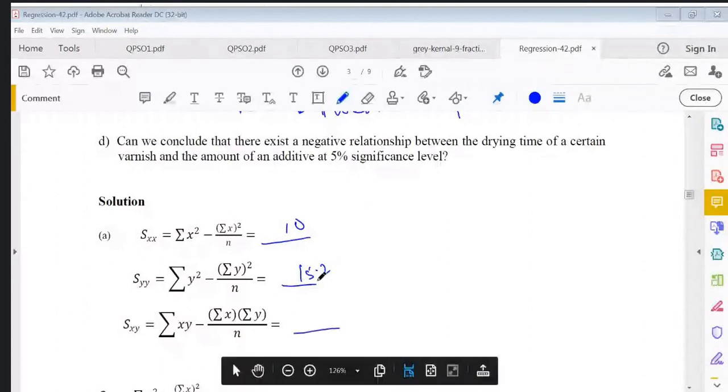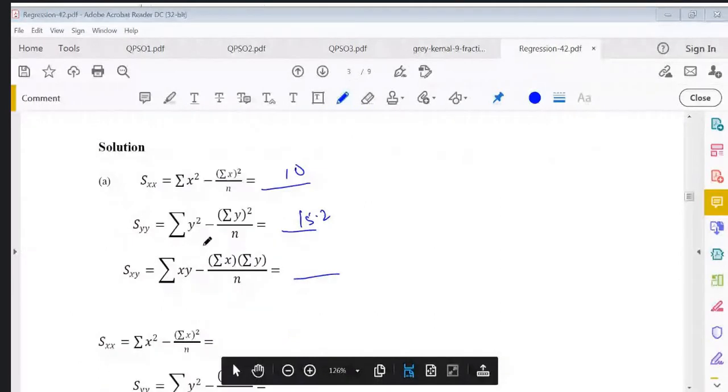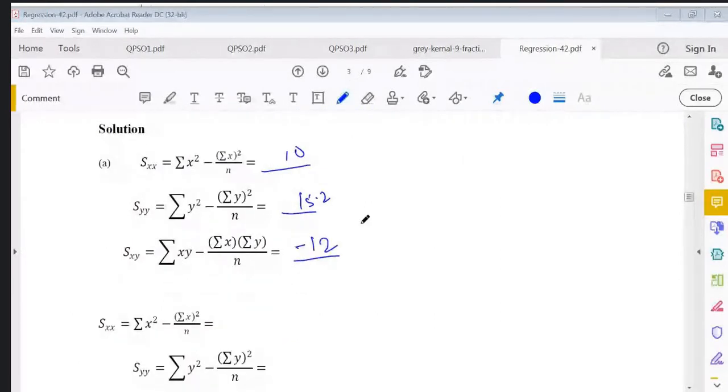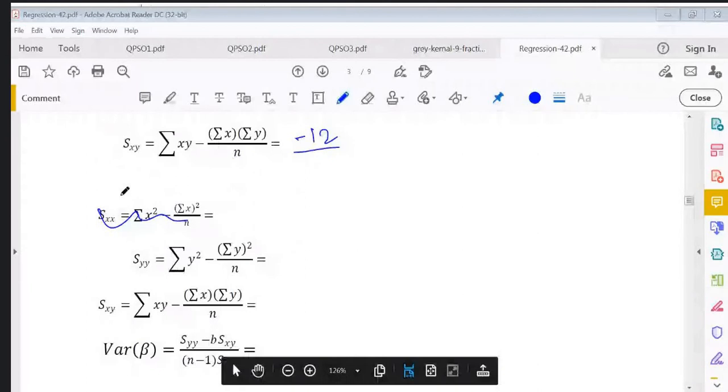What is the value SXY? Okay, negative 12. After that, this one is already done. You just put here SYY. What is the value of variance beta? Okay, 0.02.